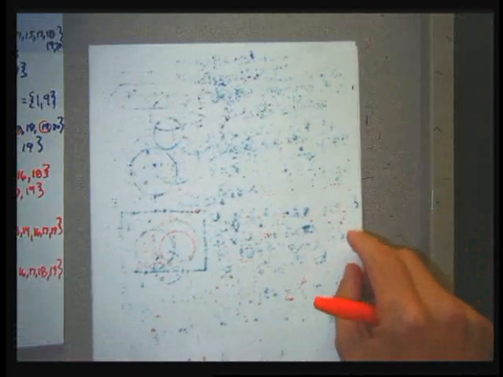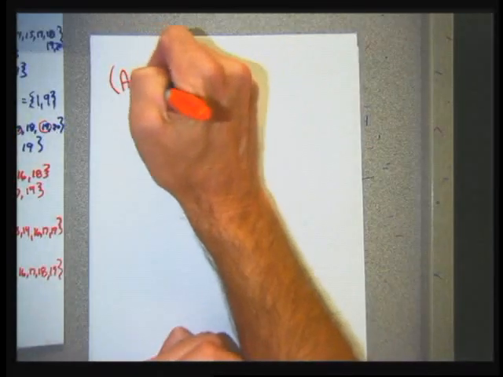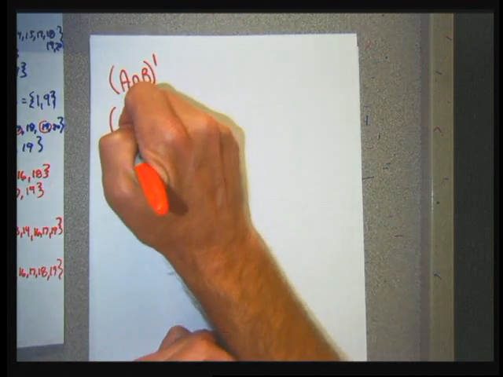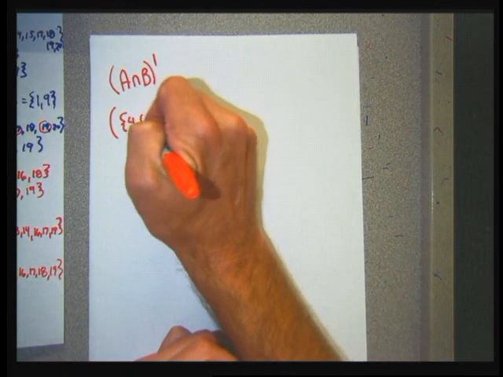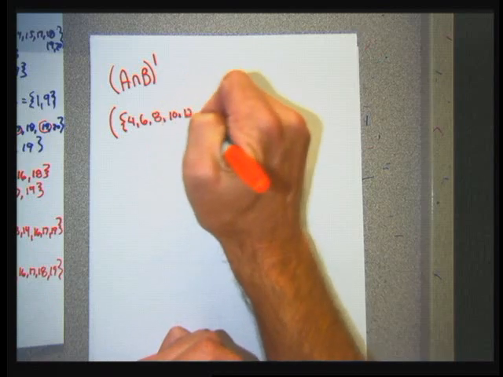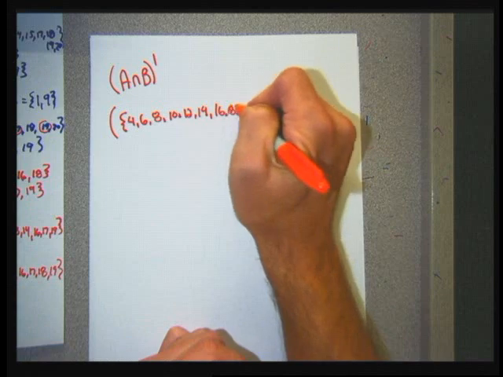The last one in this grouping, A intersection B prime: first I find A intersection B and then I do the prime. So to do it, I write the A set down, which is 4, 6, 8, 10, 12, 14, 16, and 18.